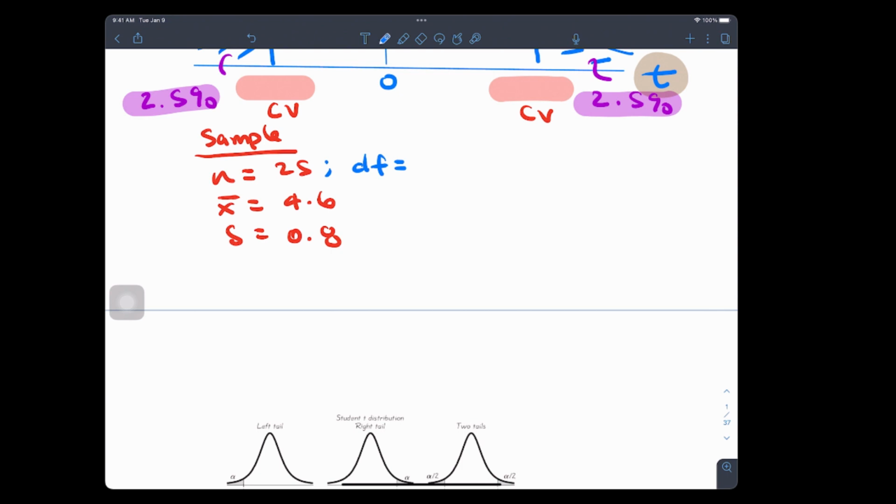What's your degree of freedom? 25 minus 1. What's 25 minus 1? 24. Degree of freedom is 1 less. Didn't we put that in our notes?